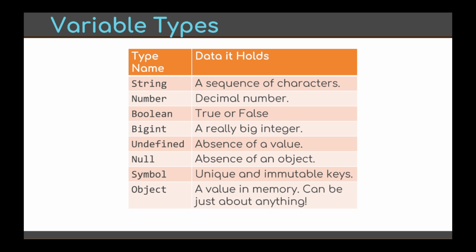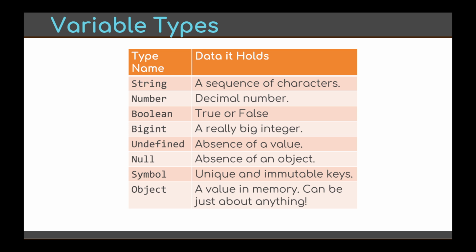And then we have some more esoteric ones, ones that really help the mechanisms of the language work. We have undefined, and that's when you don't have a value. Maybe you know something is a string, but it doesn't have any value in it. And then we have null, which means there isn't even an object. The box doesn't actually point anywhere. It's a dead box.